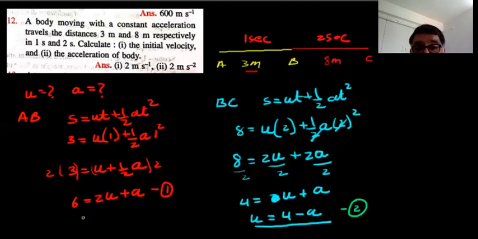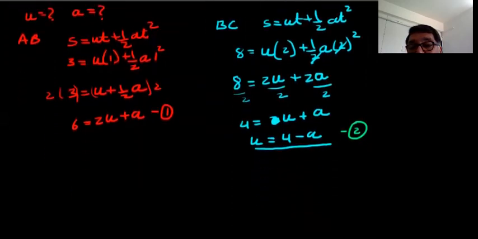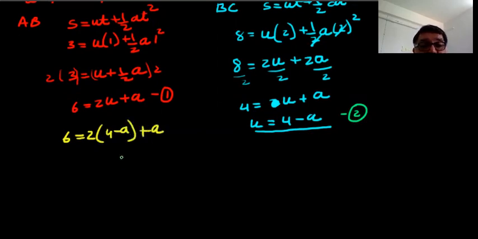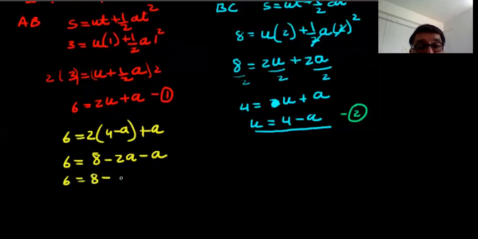So let's see, 6 equals 2, now remember u equals 4 minus a, so 4 minus a plus a. 6 equals 4 2s are 8 minus 2a minus a. So 6 equals 8 minus a.